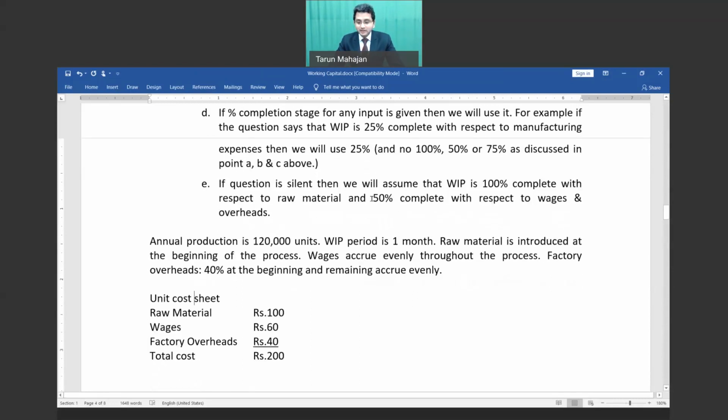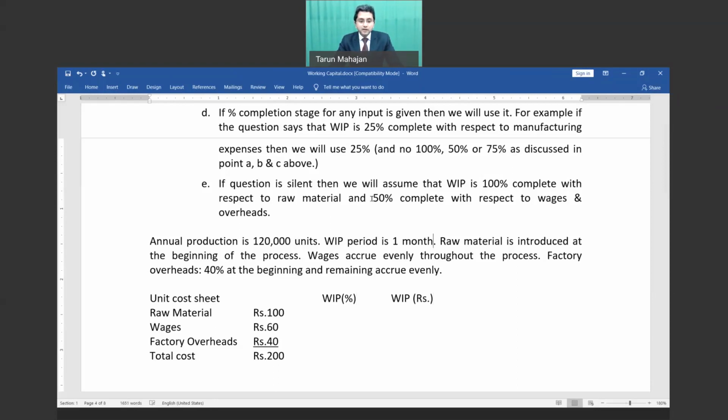Okay, this is the unit cost sheet, and I will now make a unit cost sheet for WIP. So I'll take WIP in percentage terms, and then I'll take WIP in rupees terms.